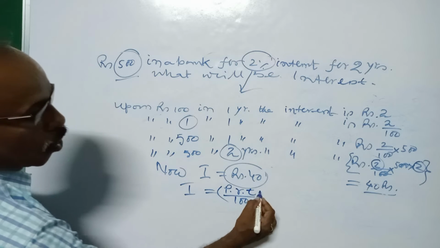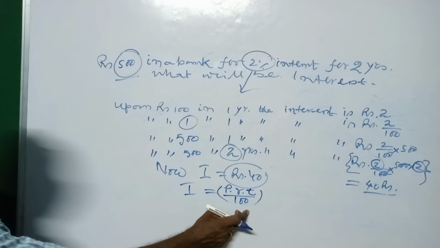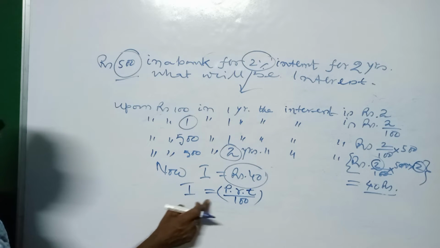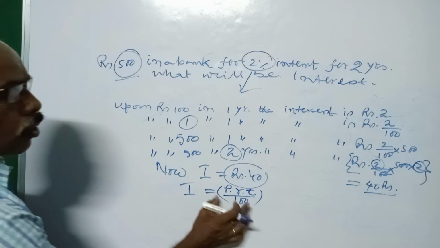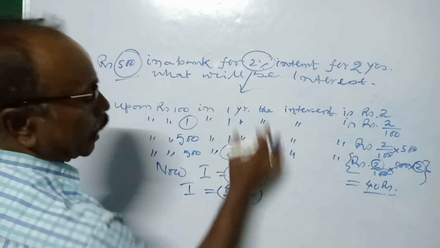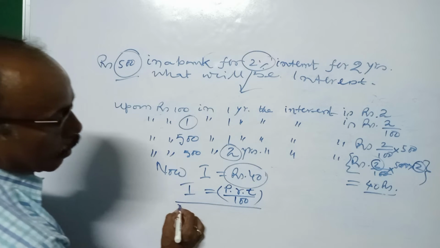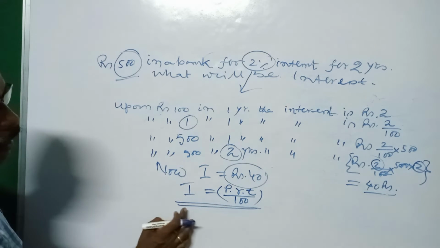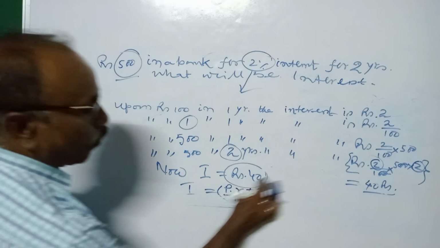So we get the simple interest: I is equal to PRT divided by 100. We calculate all simple interest problems by this method, by this formula. Am I clear?